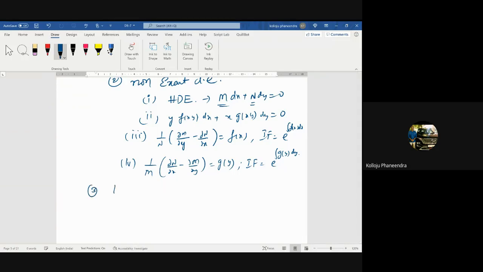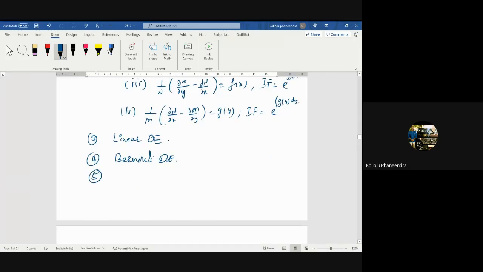And the third one is what? Linear differential equation. Fourth one is what? Bernoulli differential equation, right? Next one, what is the next one? Riccati's equation. Riccati differential equation. And next one, what is that?